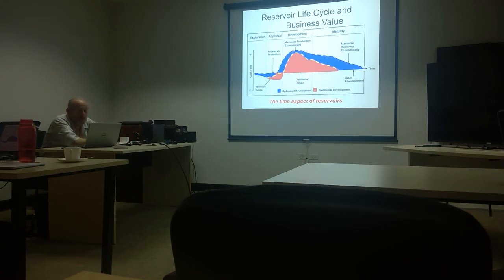If you do a good job at your characterization, you can maximize your production even higher than with a standard characterization, and quite often you can keep your reservoir going for a much longer period of time before you defer or abandon the reservoir.